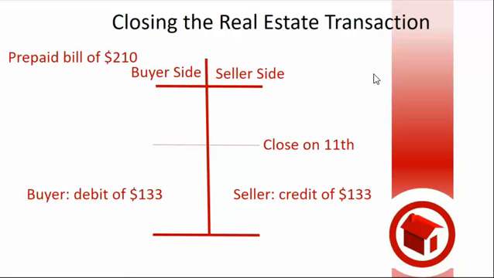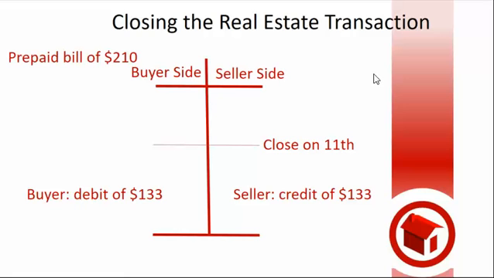So my question to you is, here's the other thing. You guys are not going to be required on the exam to know what type of bill is prepaid or accrued. Doesn't matter. It will say using a prepaid bill of $210 or an accrued bill of $200, doesn't matter. They're not going to make you go, oh, is HOA prepaid? So they're going to say a prepaid bill.